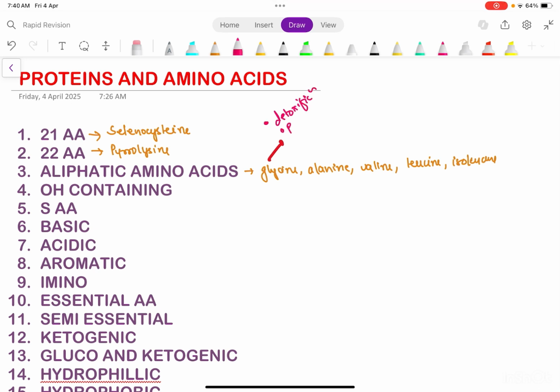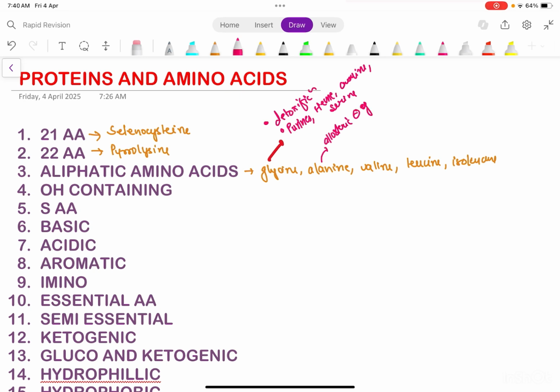Then it is used to make purines, then heme, then creatine, serine, and so on.